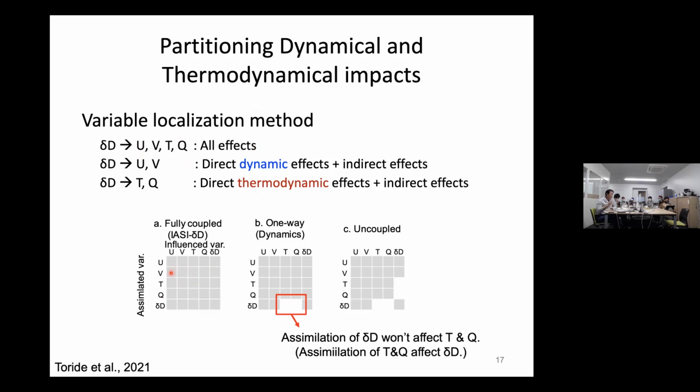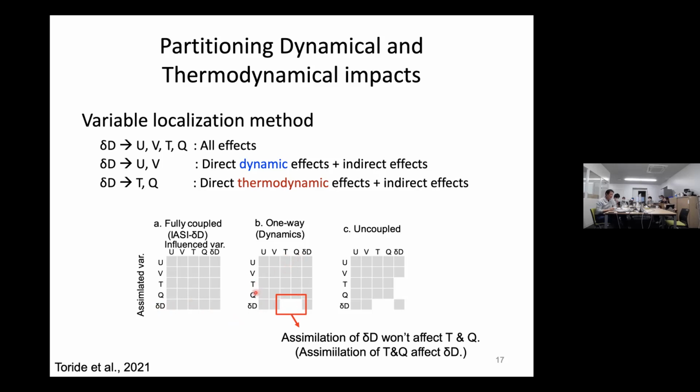For example, in a normal way, we use all variables U, V, T, Q and delta D to influence U, V, T, Q and delta D. But we can turn off the impacts. The data assimilated variable of isotopes is not going to influence T and Q in this case.